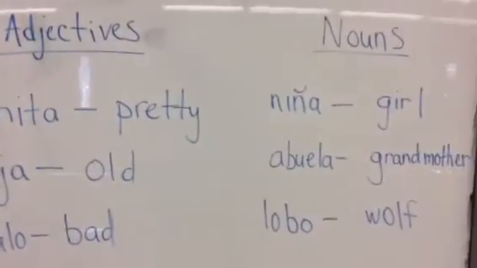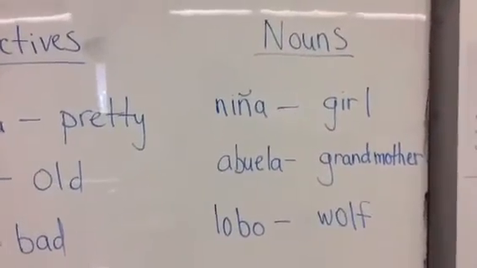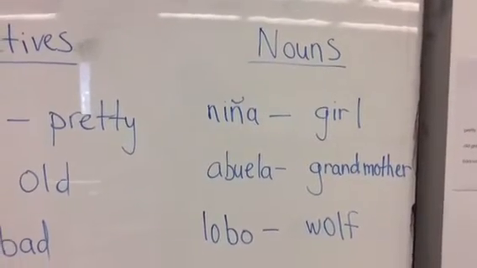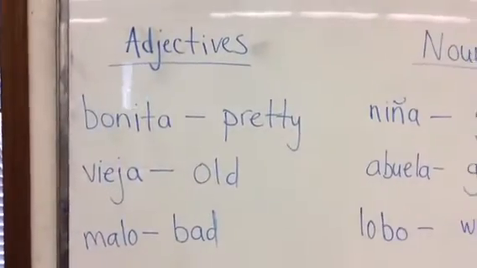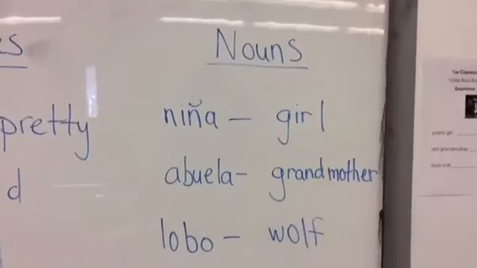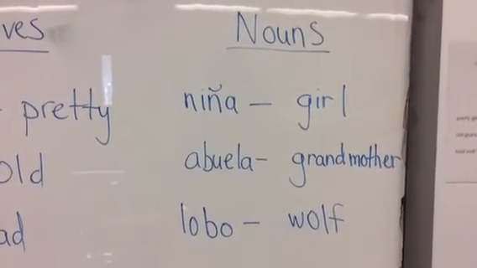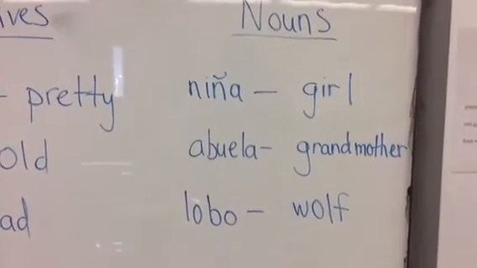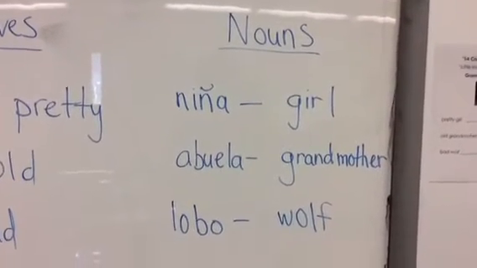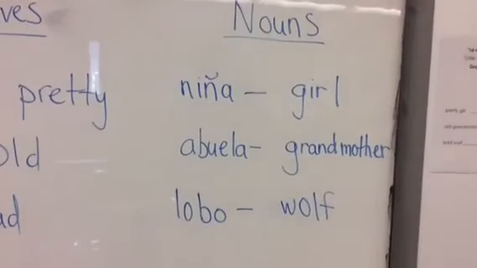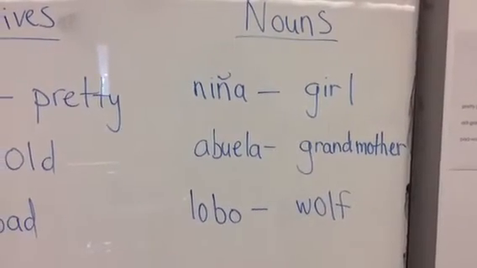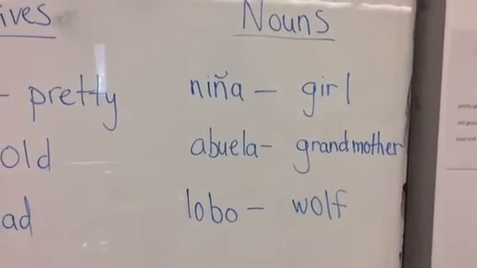Next, I would have a discussion in the students' native language, which is English, about nouns and adjectives. In Spanish, nouns can be feminine or masculine. And here on the board, I can look at these nouns, niña, abuela, and lobo, and determine which noun is feminine and which noun is masculine.